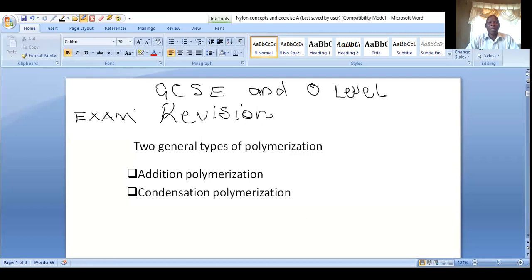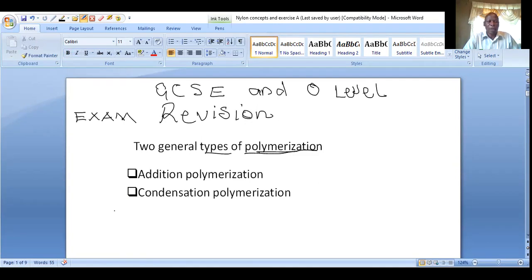As you can see, the lesson we are looking at today is GCSE and O level chemistry exam revision concepts. We will look at polymerization. Generally, there are two types of polymerization, where you add the monomer units and then come up with a polymer.